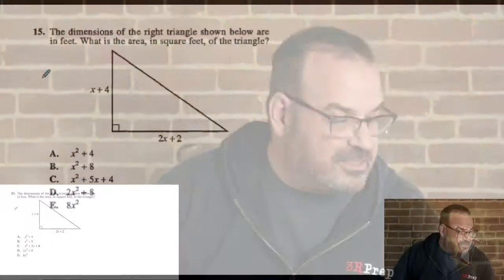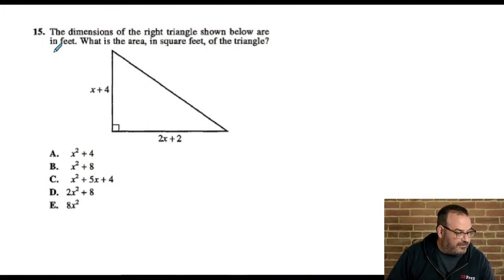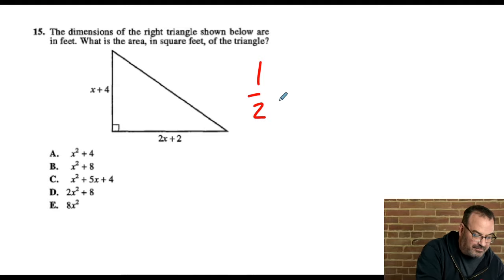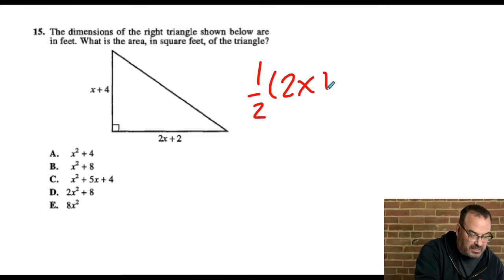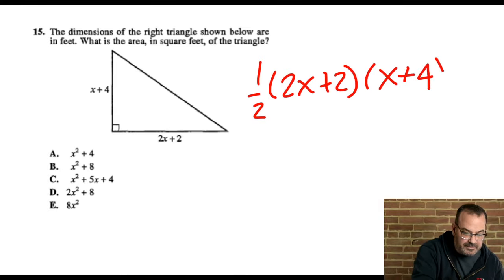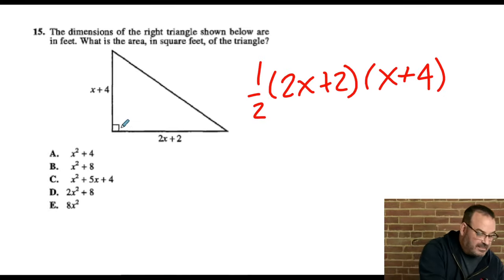The dimensions of the right triangle shown below are in feet. Who cares? What is the area in square feet of the triangle? 1/2 base times height. Let's do 1/2 times 2x plus 2 times x plus 4. Wait a second. It's a quadratic. This is the base, and this is the height.